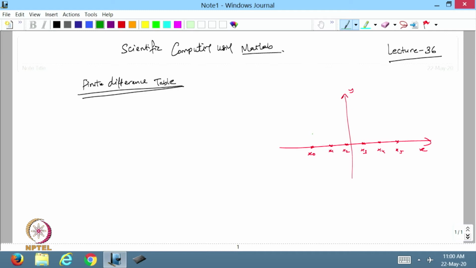At these nodal points we have the values of the function given to us: this one, then this, maybe this value, then this value, and then this value.